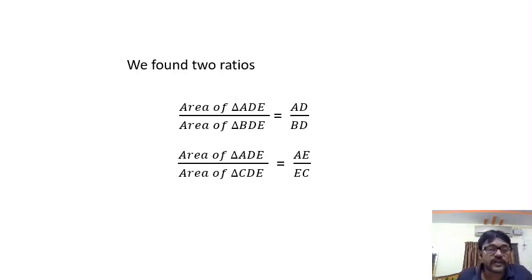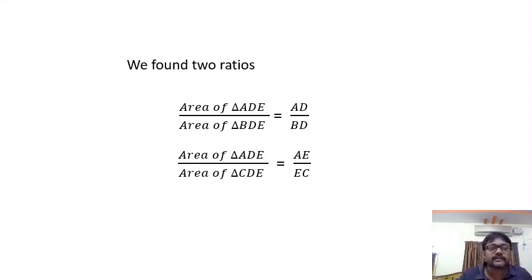In the first result, we have area of triangle ADE in the numerator, in the denominator area of triangle BDE. In the same way, in the second result, we have area of triangle ADE in the numerator as in the above result, but area of triangle CDE in the denominator. So here what I'm concerned with is area of triangle BDE and area of triangle CDE.